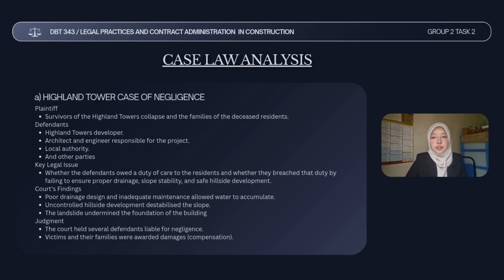The court concluded that several of the defendants had failed to take reasonable care and were therefore negligent. As a result, the defendants were held liable and damages were awarded to the survivors and families. This case remains one of Malaysia's leading negligence cases and has influenced strict safety standards for hillside development in building construction.